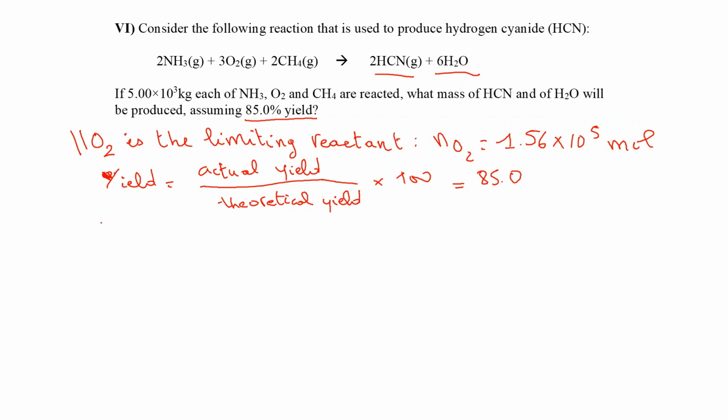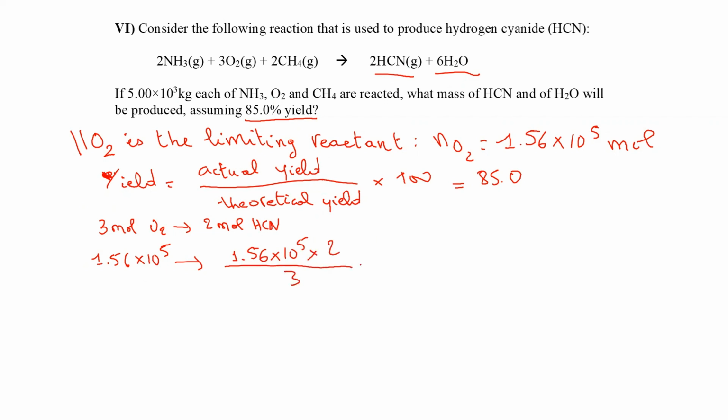We know that 3 moles of oxygen should give 2 moles of hydrogen cyanide. So if I have 1.56 times 10 to the power 5, it will give 1.56 times 10 to the power 5 times 2 divided by 3 moles of hydrogen cyanide.